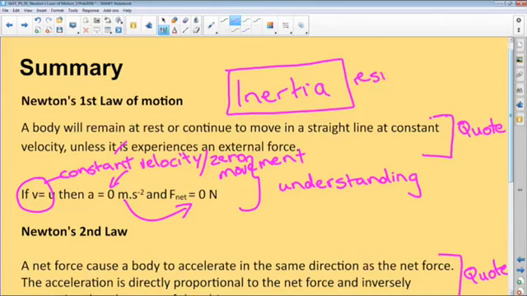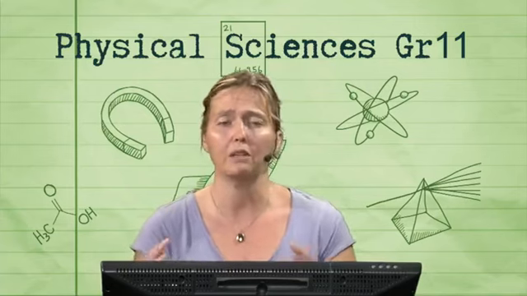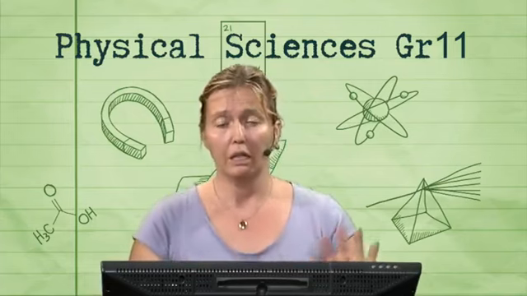So in other words, if an object does not want to move, it has something called inertia. And you will see if you look in your textbook or if you go and look up other books or on the internet, inertia is often mentioned with Newton's first law, and it just means that an object is going to want to resist movement.